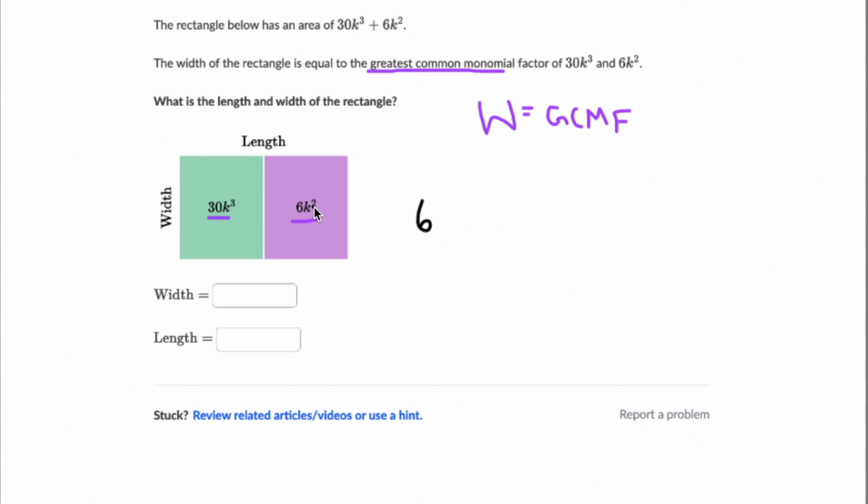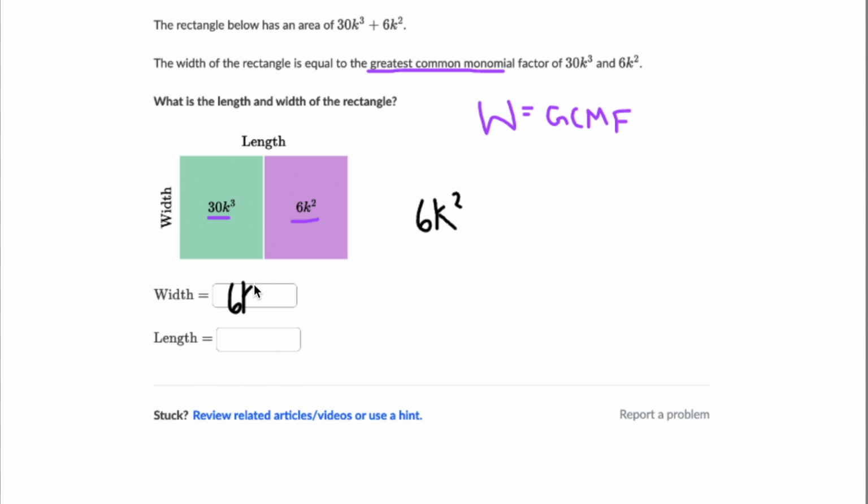Here it would be k squared, so we know that k squared goes into both terms. So the greatest common monomial factor here would be 6k to the power of 2, or 6k squared. And this is your width, and there's not much more you can do about it.